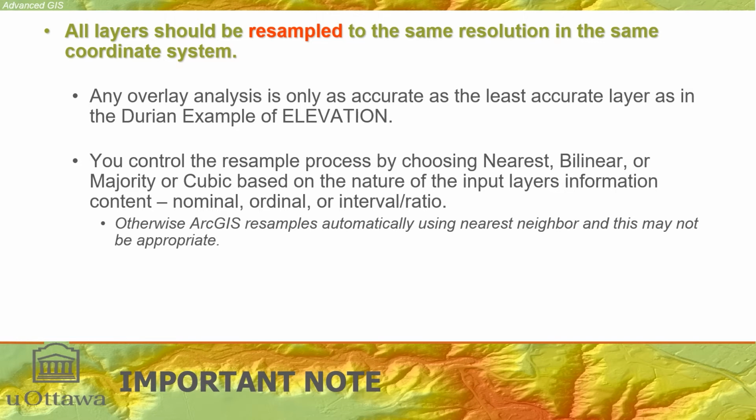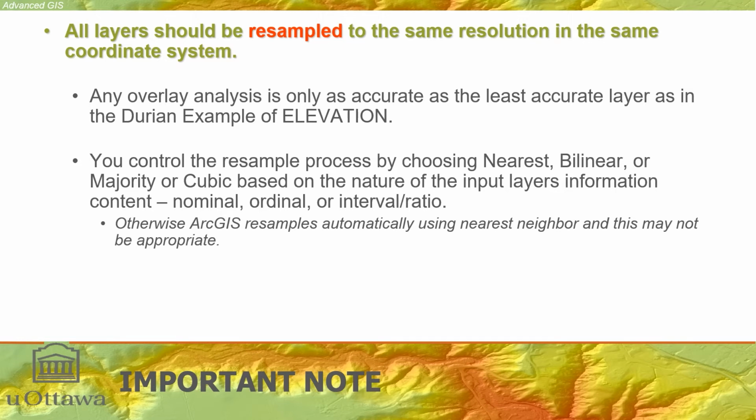So when we talk about, for example, resampling here, we're using it as a general concept of changing cell size and resampling the original cells to match up or transform into a new cell size. So in this context here, when I talk about resampling, I'm not meaning the resample tool necessarily, but the concept of resampling.